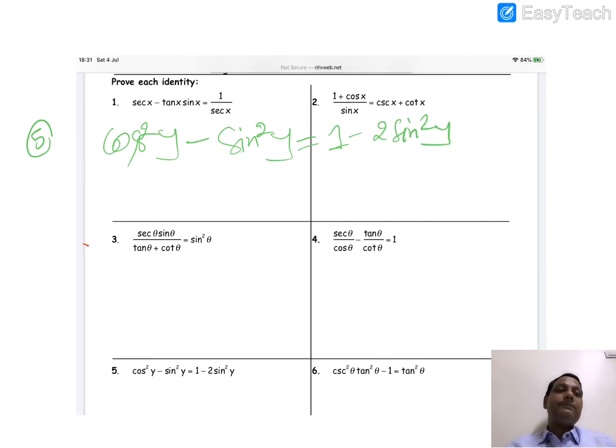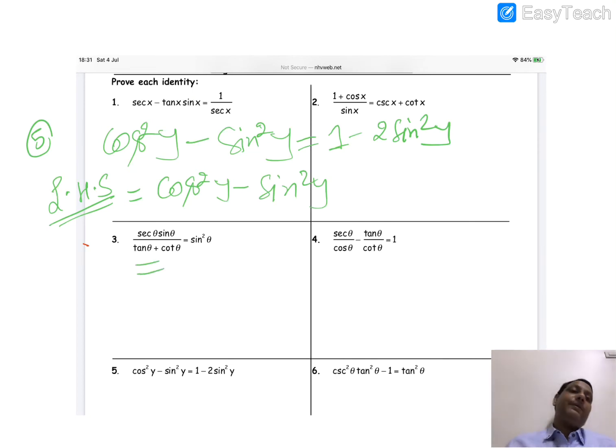Okay, so you have to take once again your left hand side, and this is cos square y minus sine square y. As I told you a few minutes before, we have to see our right hand side and see what our requirement is. According to that we take the steps, which formula we have to use. In your question you need 1 minus 2 sine square y. So I cannot change sine at all.